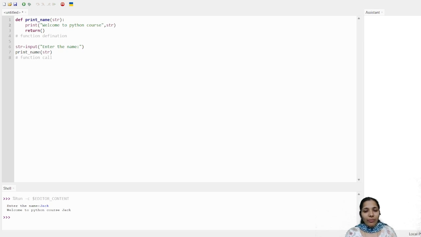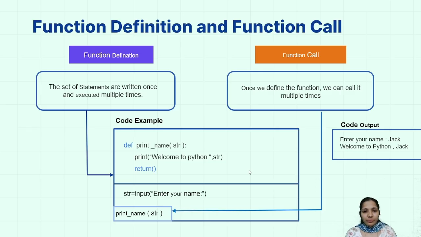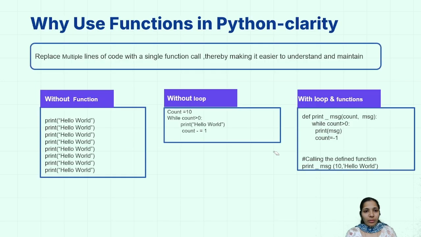Let's see why we use functions. What is the use of a function? Because it replaces multiple lines of code. Without a function, if I want to print hello world 3, 4, 5, 6, 7, 8 times, I have to have eight printing statements.